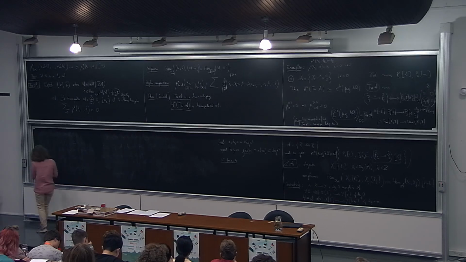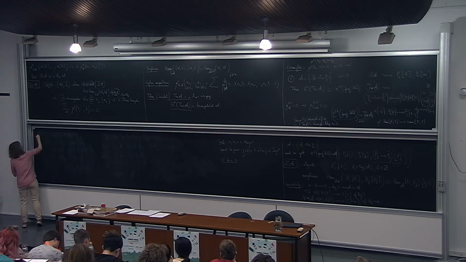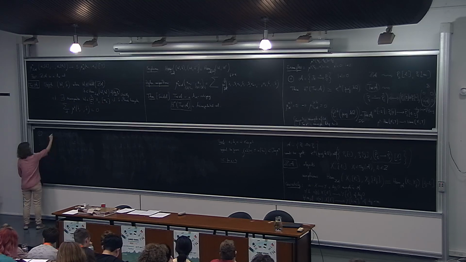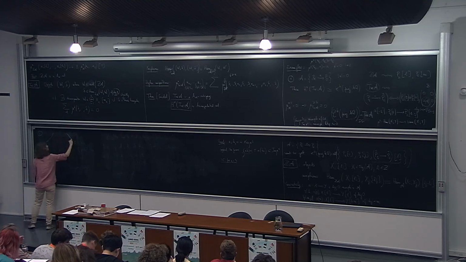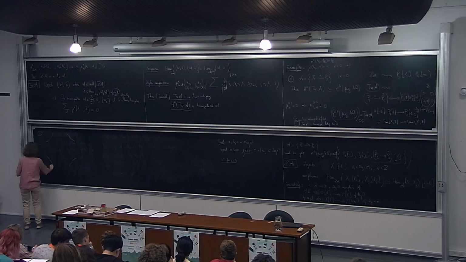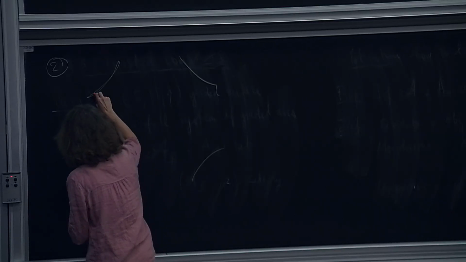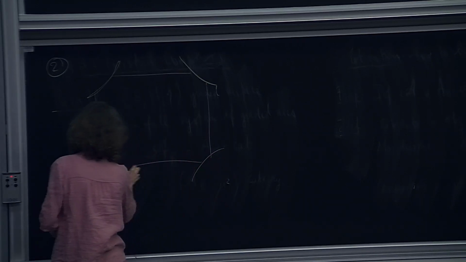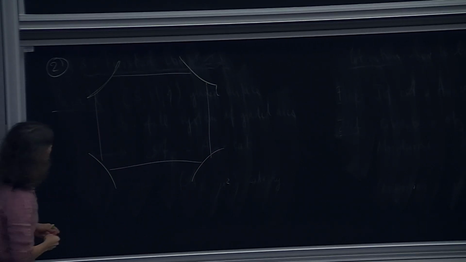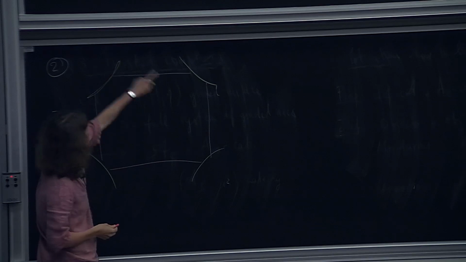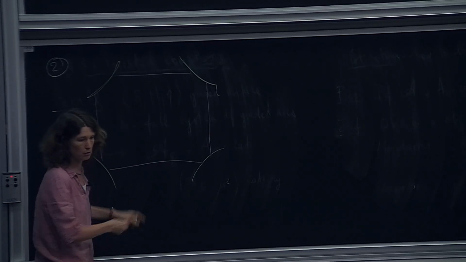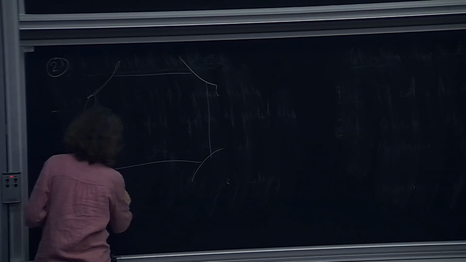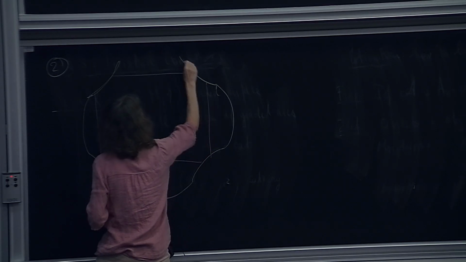Okay. So example 2. So I will just now take this. Okay, so I have this square. So if you want, it sits into a disk, or it could be just maybe I could write it like this.